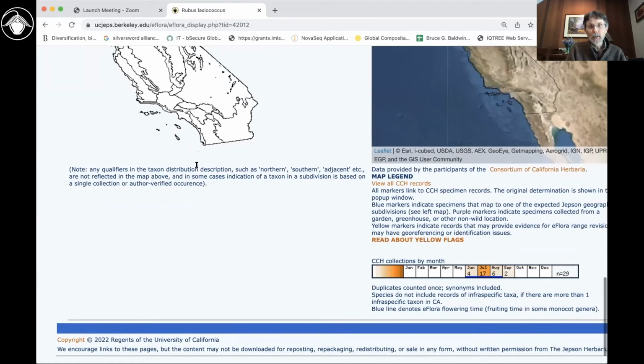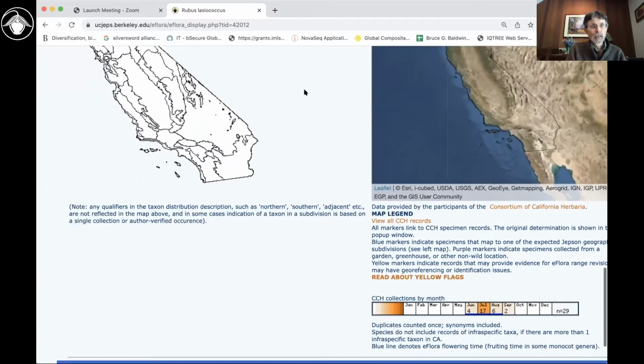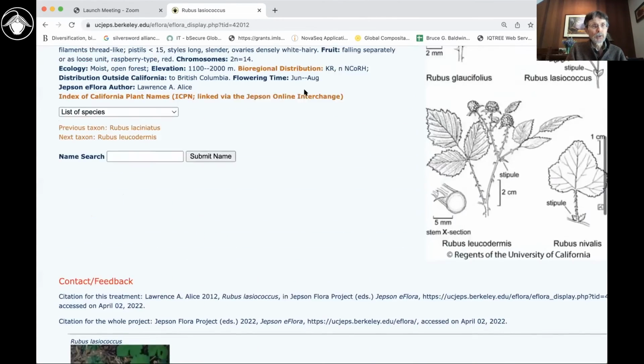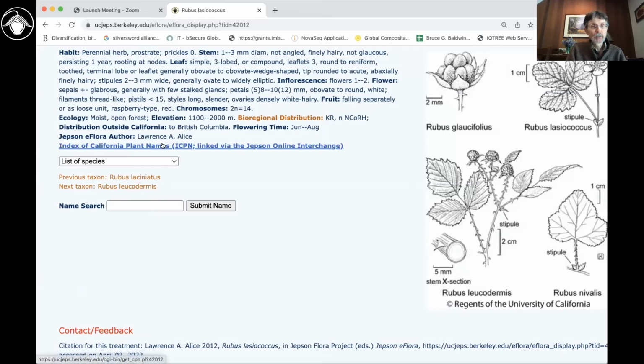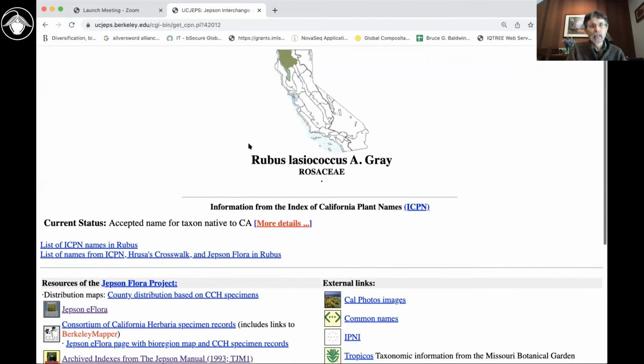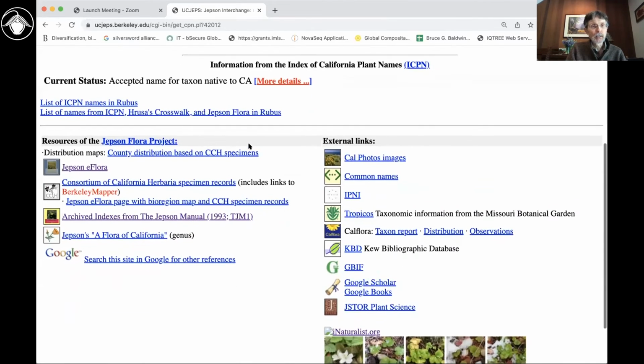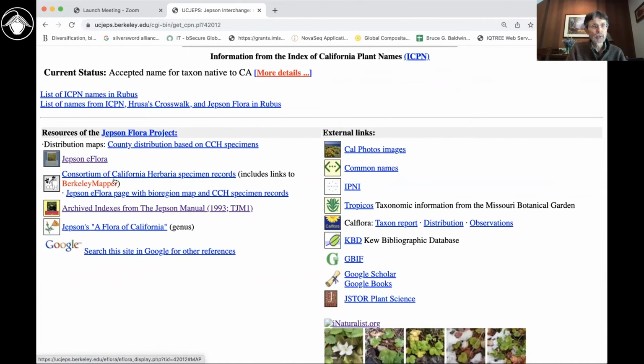And there are some other resources here too, in terms of when the collections were made by month and et cetera. But also there's a link here to the Index of California Plant Names and the Online Interchange for California Floristics for this species. And if you click there, it takes us to other resources of the Jepson Flora Project, in addition to the eFlora, like the specimen records in particular of the Consortium of California Herbaria, which you can also get to through the species description.